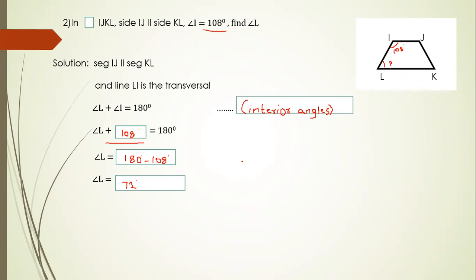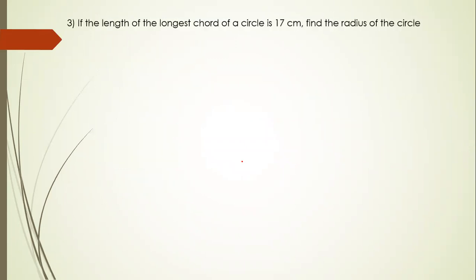Now let us move to sum number 3. If the length of the longest chord of a circle is 17 centimeter, find the radius of the circle. Here they have given us the length of the longest chord, means the diameter.